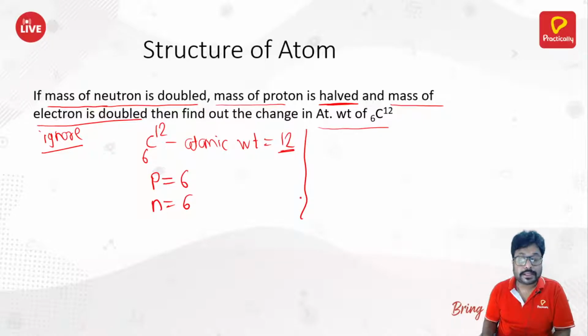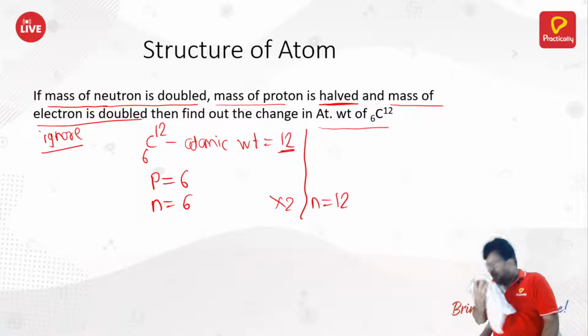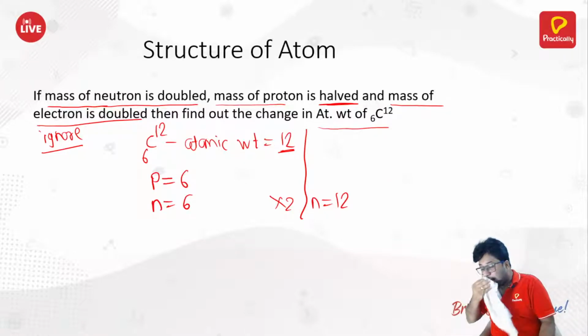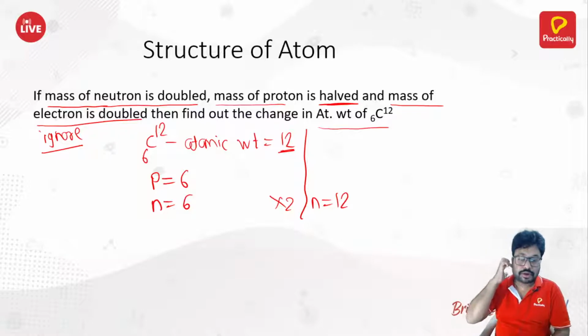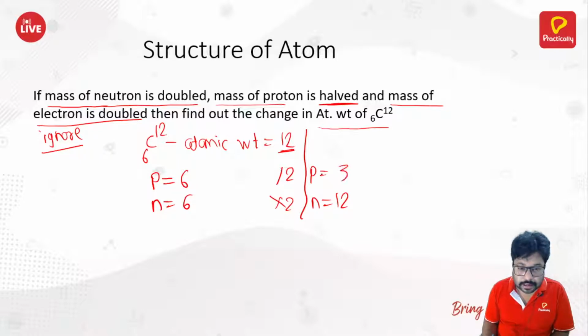Mass of neutron is double. That means 6 into 2, so mass of neutron is 12 now. You have 12 neutrons, and mass of proton is half, right? So 6 divided by 2 is equal to how much? Protons are 3.